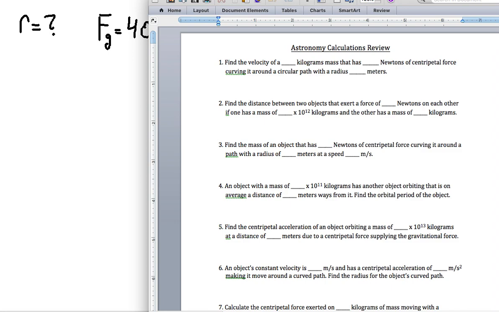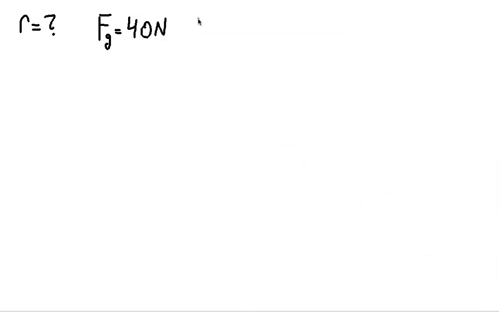It doesn't really matter what we go with, but I'm going to go with, let's say 2.5. So we're going to call this mass 1, it is 2.5 times 10 to the 12 kilograms.